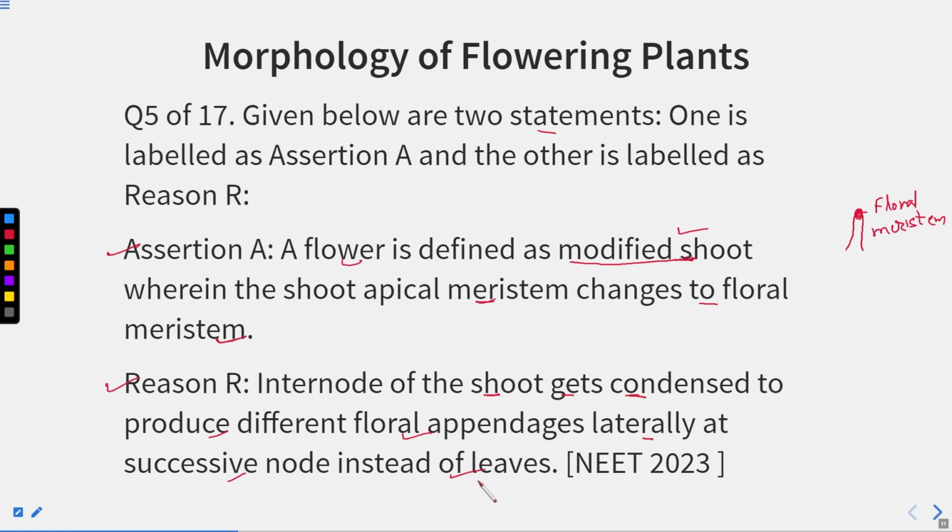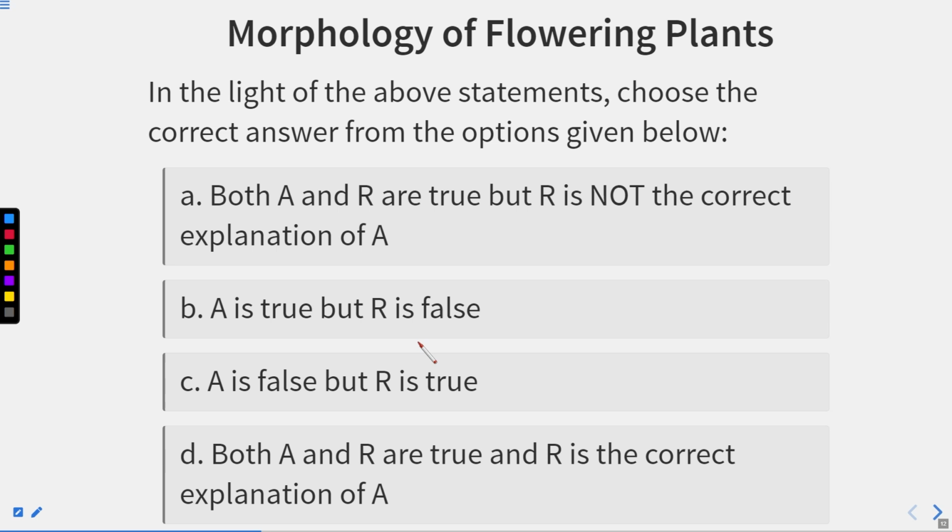Floral appendages instead of leaf. What kind of floral appendages? Sepals, petals. A flower is made up of sepals, petals, stamens and all. So these are produced instead of the leaf. So both the statements are true.